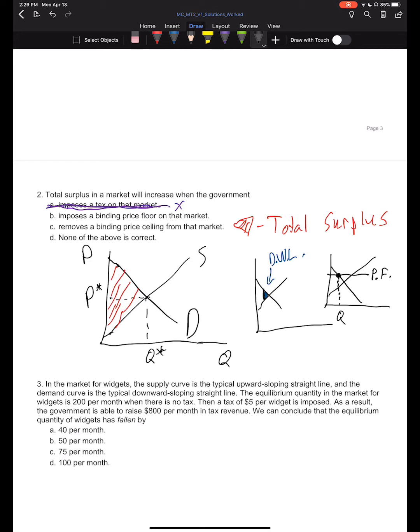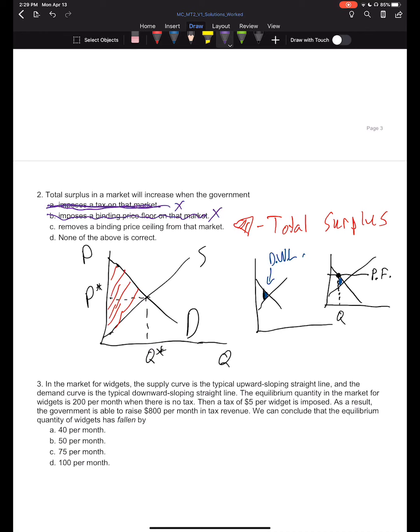So that's going to give us this new Q down here, which means we're also losing a bunch of surplus, just like we were before. We're losing this little triangle to the right of our new consumption point, because you can only get surplus from units that are bought and sold. So then we know that imposing a binding price floor is also not going to create an increase in surplus.